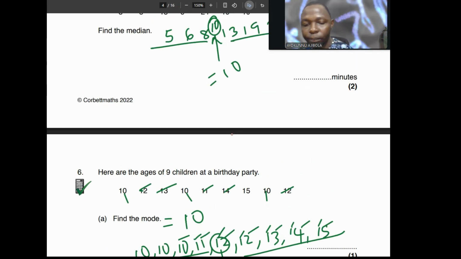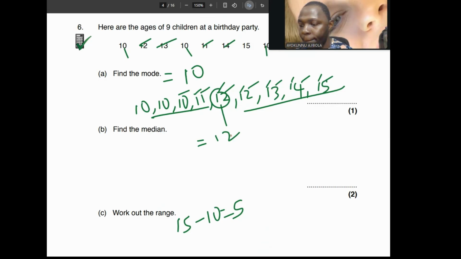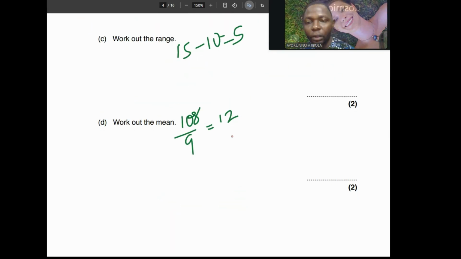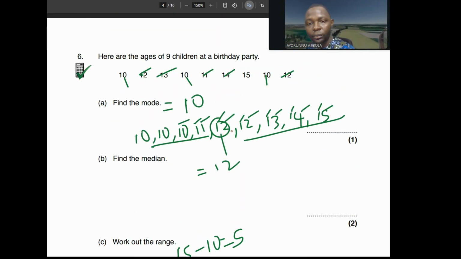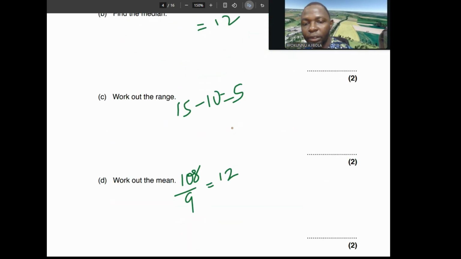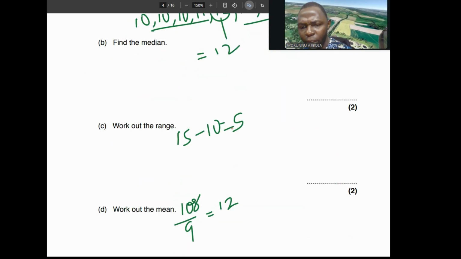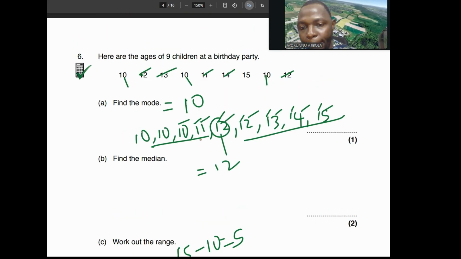What about the median? I got 12. 12. That's right. What about the range? I got 5. Okay. The mean, I got 11.889. 11.889, maybe approximately 12. But wait, how do you get 11.889? You added all these numbers, right?